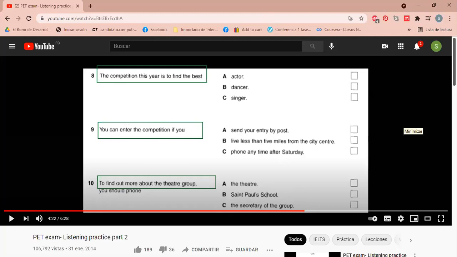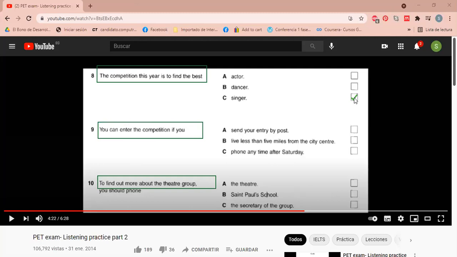Which was it? Okay, Jason says letter C, Wendy, Santi, Tupac, Pao and Bannon, letter C. Exactly, that's right. The right option here was letter C. They were looking for the best singer this year.